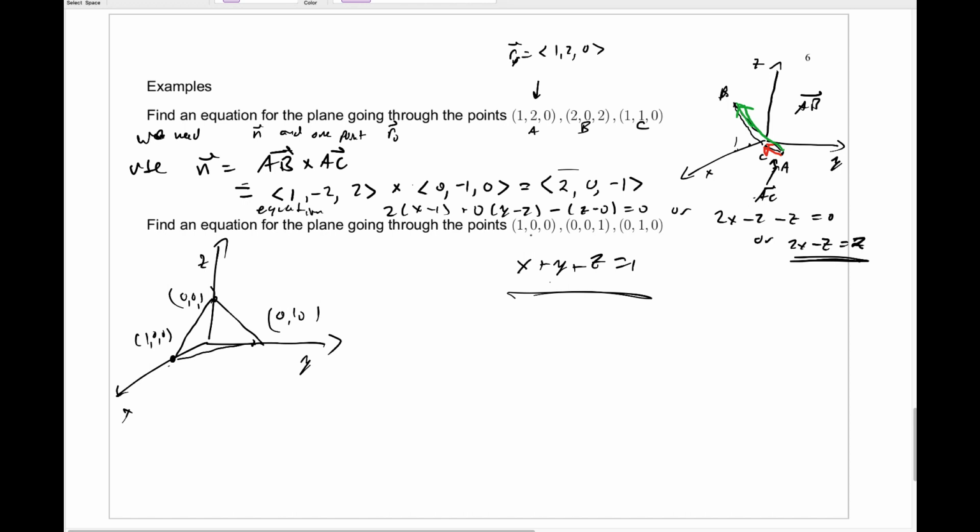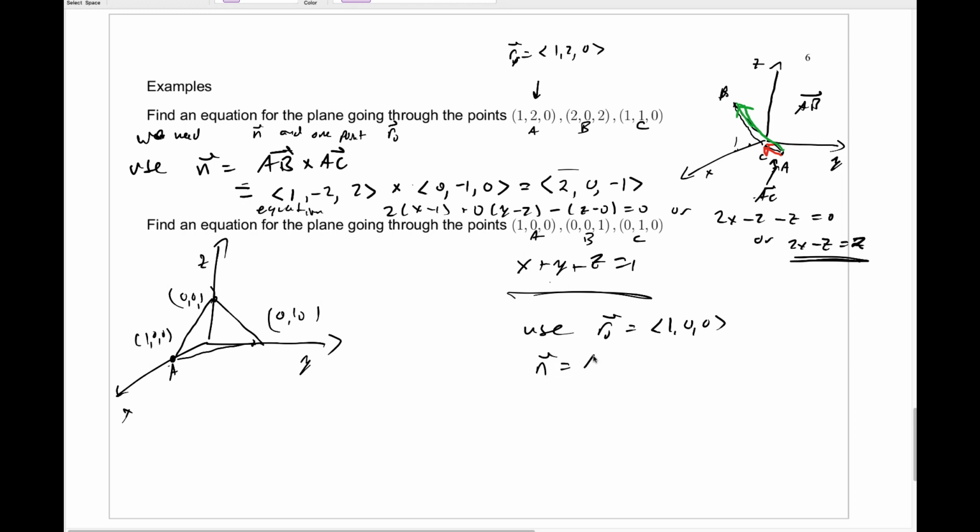The answer is yes. If we call this point A, this point B, this point C, we can use R0 is the vector, say 1, 0, 0. That's just, I'm picking point A as my base point for the plane. And how will I find n?